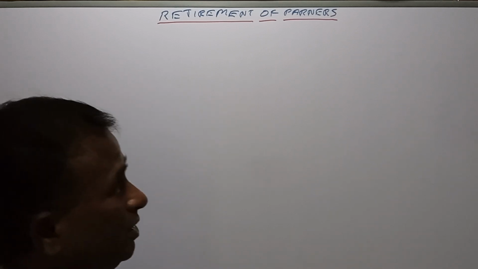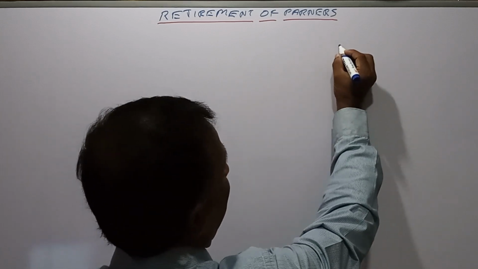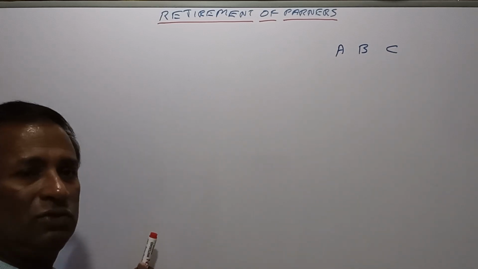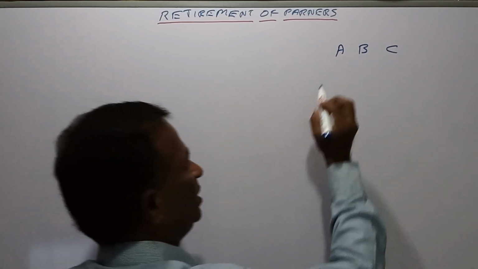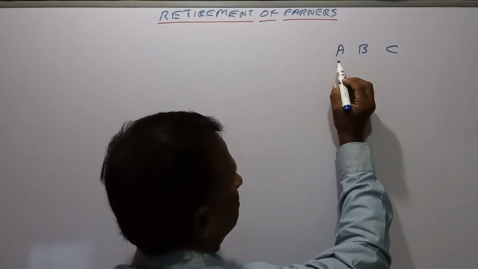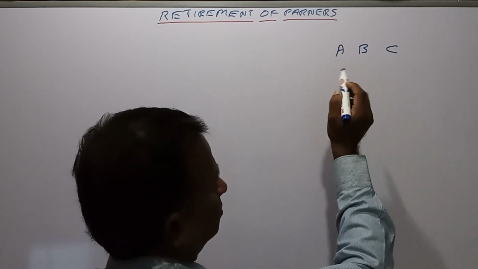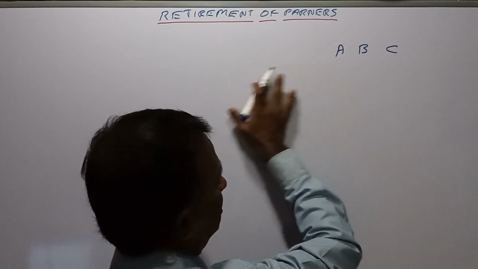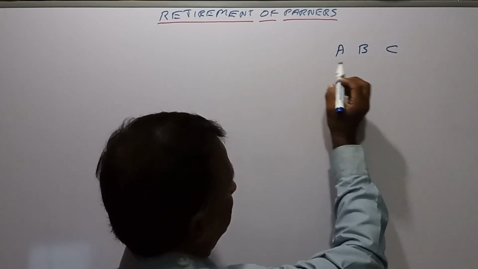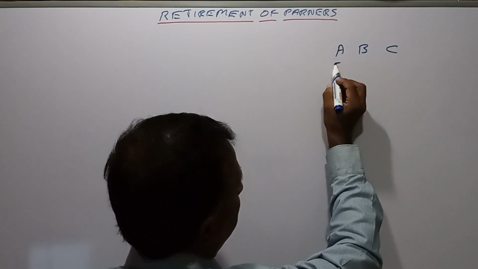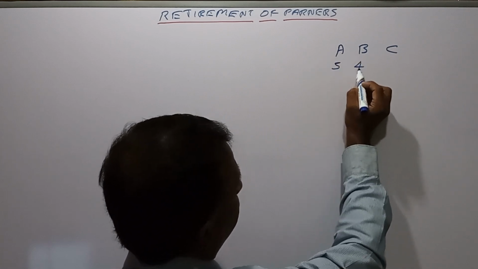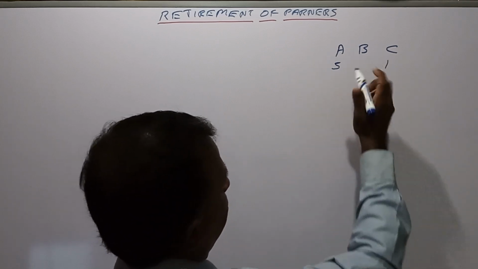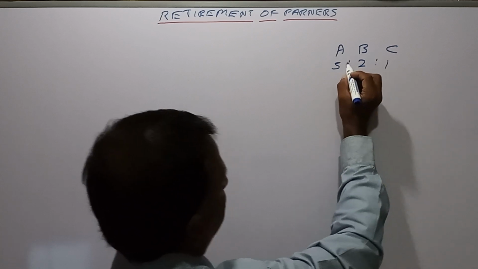Goodwill, for example: A, B and C are the partners. Currently they are running the partnership, sharing the profit and loss in the ratio of 5 is to 2 is to 1.